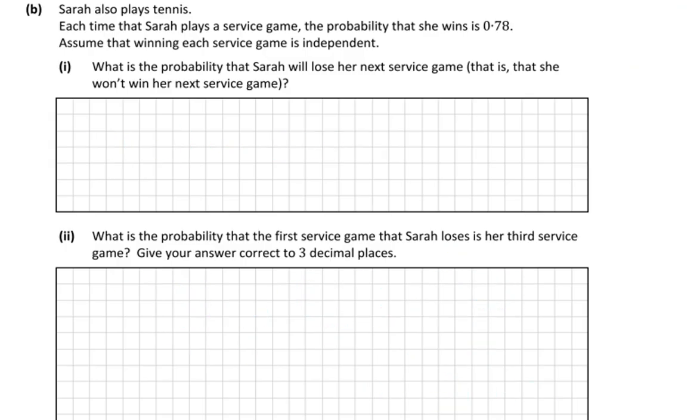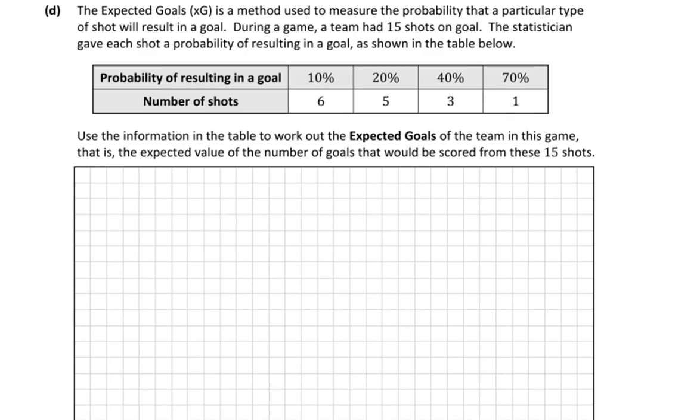Next question. Expected goals. Expected goals is like finding the mean. So all I'm going to do here is this. This is the expected goals in this match, an E here, normal E, expected goals.